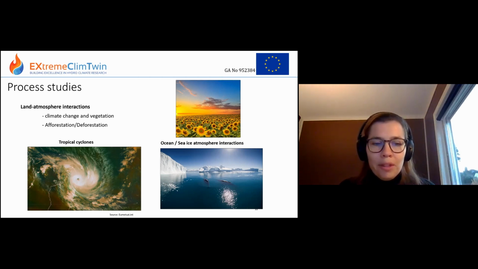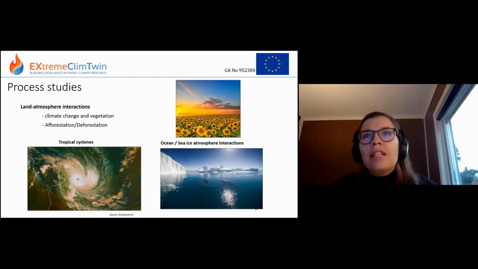So for example, will you be storing more carbon? Will you be having more extreme events, or less extreme events? Is it better for heat waves? You can do all these tests in regional climate models. And of course, you can also look at different processes like tropical cyclones. You can also look at the interaction between ocean, sea, and the atmosphere. It's a very large range of applications.